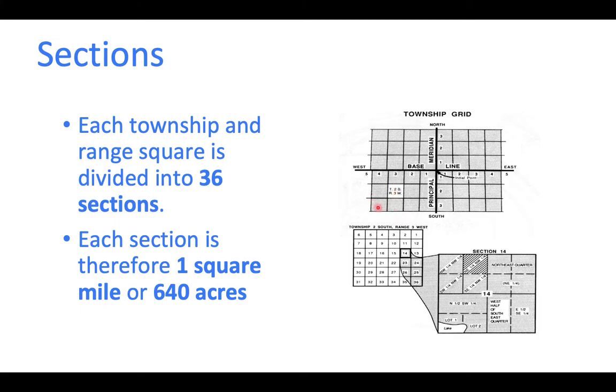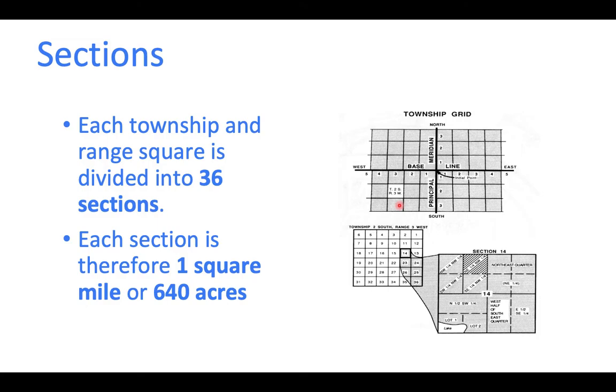So not only is it T2S, but it's also R3W, meaning range 3 west. It is 3 squares west of that principal meridian. You dig? Hopefully you dig. And this T2S, R3W is unique to this specific baseline and meridian. None of these other townships in here are going to have that value.